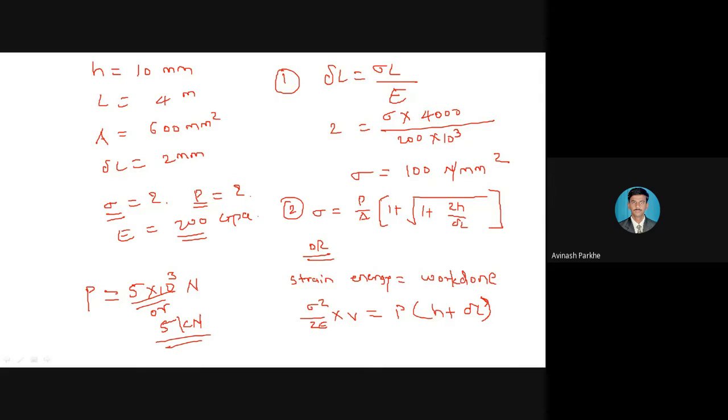Using that deformation, initially we calculated the sigma, and then by using either the sigma formula or the strain energy formula, we calculated the unknown weight falling from a certain height. So these are the three varieties of numericals based on impact load. Other than these, there is no other variety of problems based on impact loading conditions.